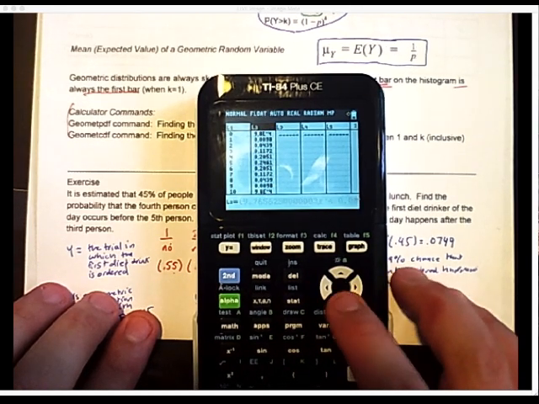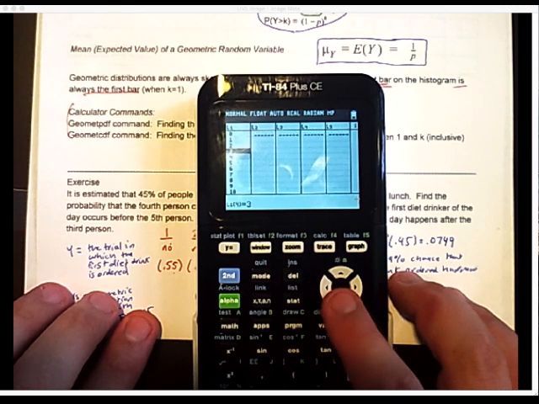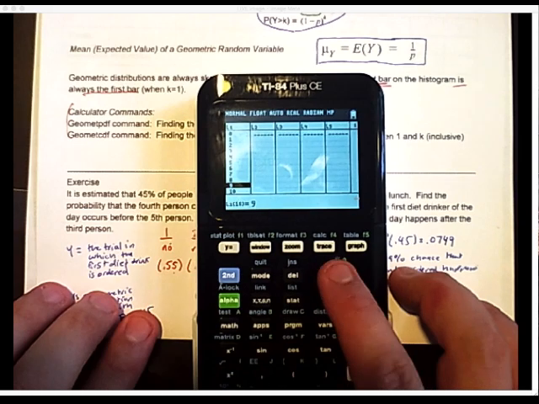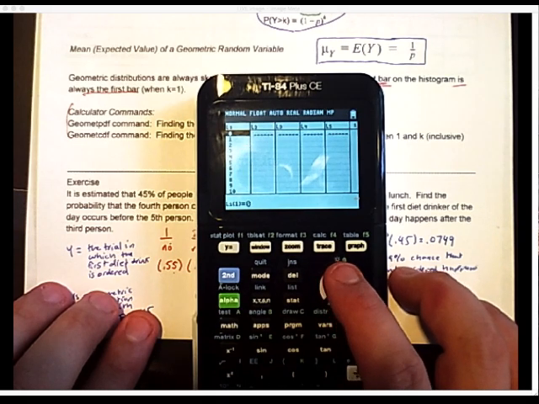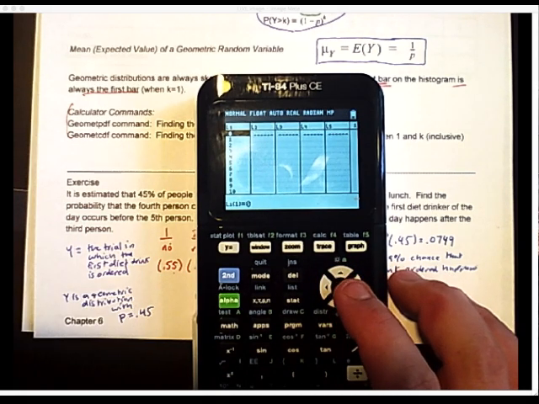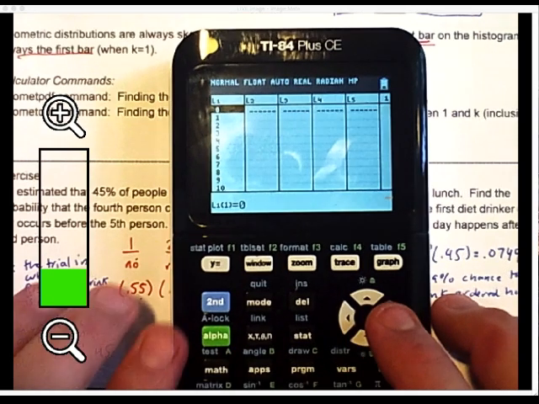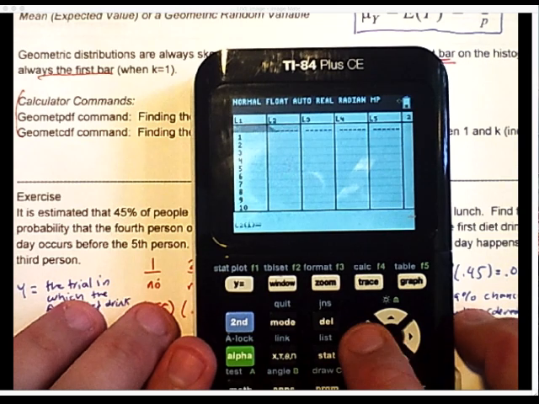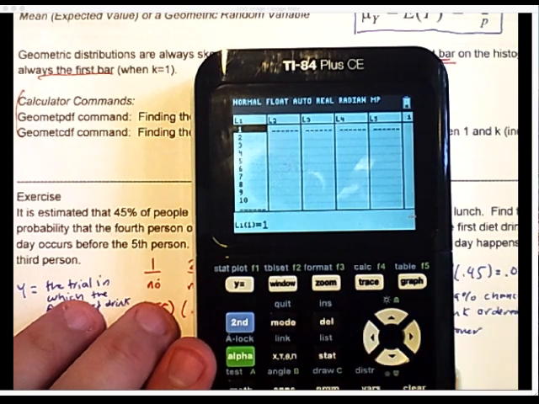Now, technically, we should make list 1 go out to infinity, but I'm just going to leave it up to 10 real quick so you can see it. But we don't start at 0, we start at 1 on a geometric. So I'm just going to go 1 to 10, excuse me.